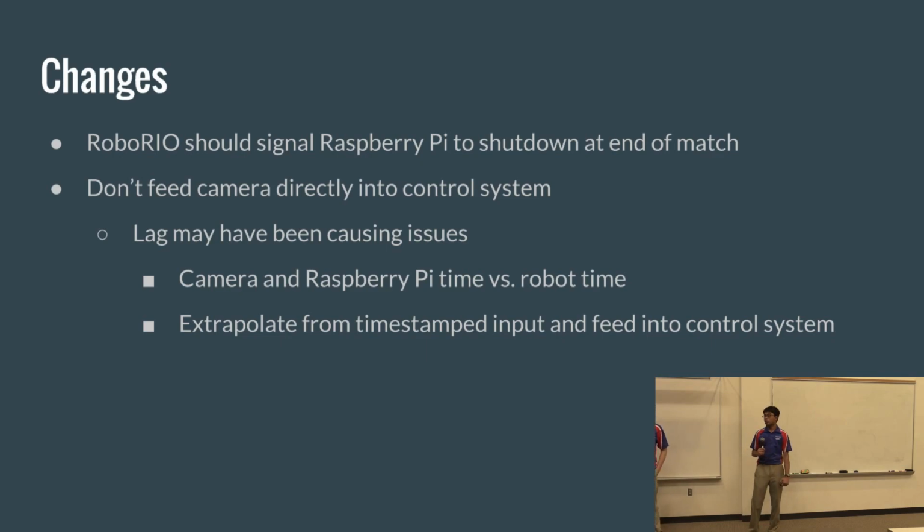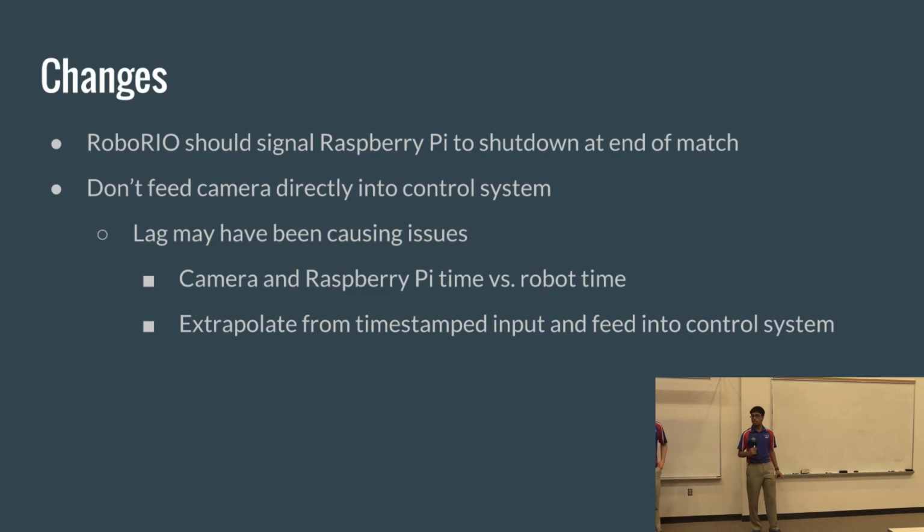So one thing we want to do is actually have the RoboRio signal to the Pi directly to shut down, because the RoboRio should be able to tell when the match is over, and once that's happened, it should automatically send the shutdown signal so that there's no problem with the FMS cutting communications between the driver station and the robot.